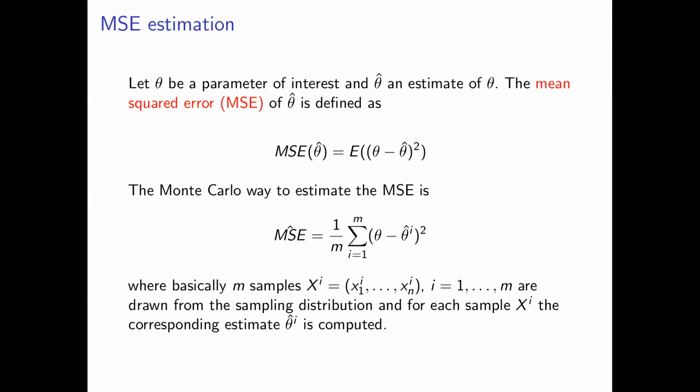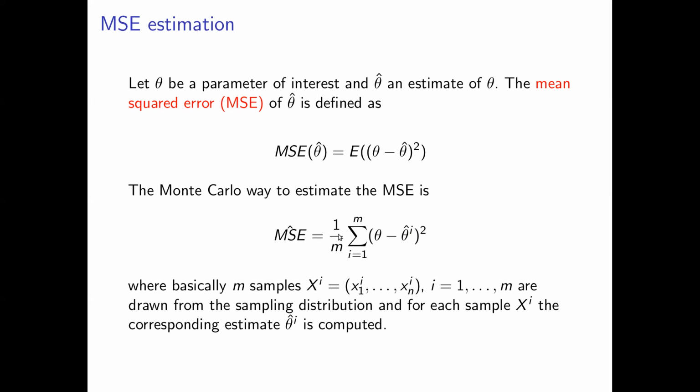Since we can construct these confidence bounds, we also measure our confidence with the mean squared error, typically to evaluate how well our simulation is performing. So the mean squared error basically is the expected value of our quadratic deviance from an actual estimate.